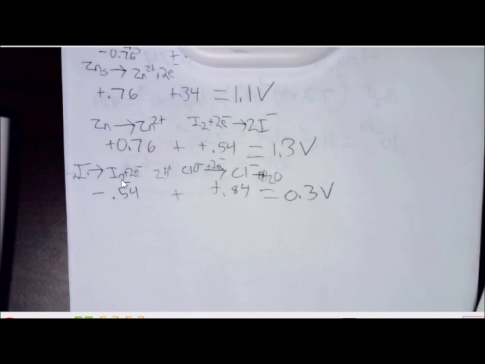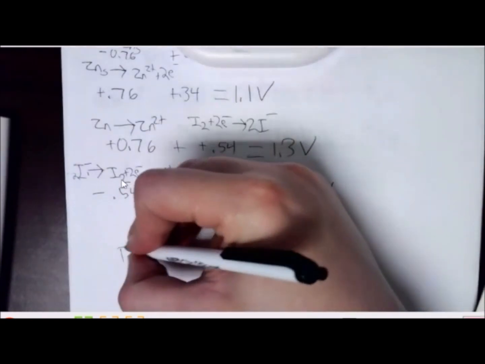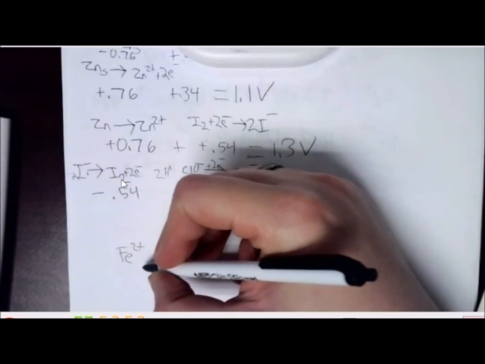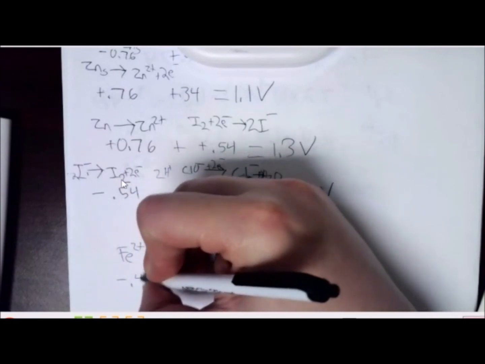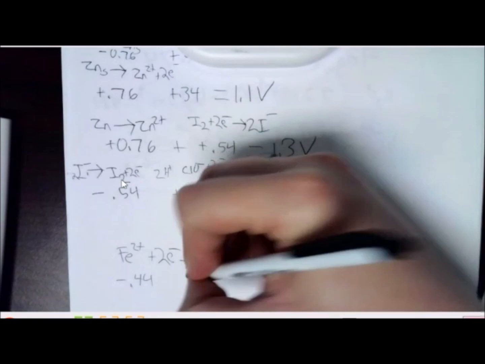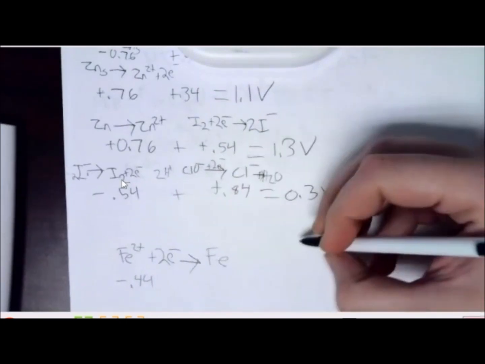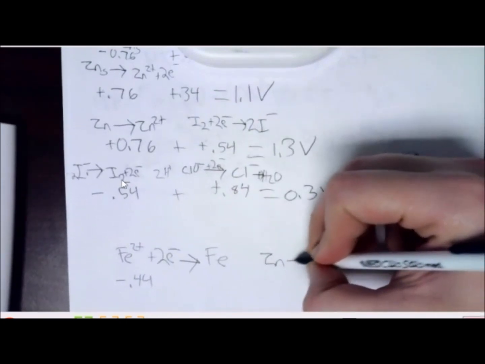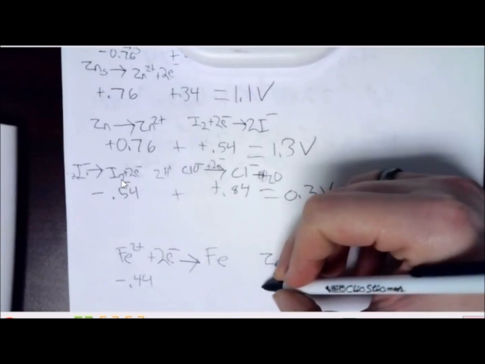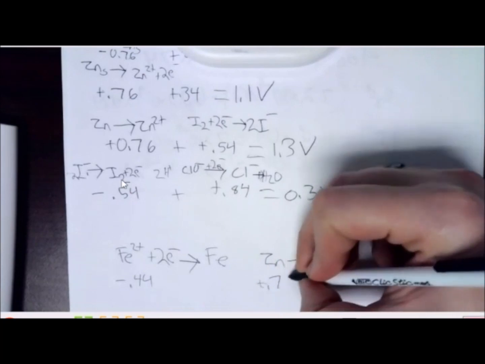One more example. When we mix iron and zinc, the galvanic corrosion, we're having iron 2 plus going to Fe, which is negative 0.44. But we have zinc going to zinc 2 plus, which is positive 0.76.